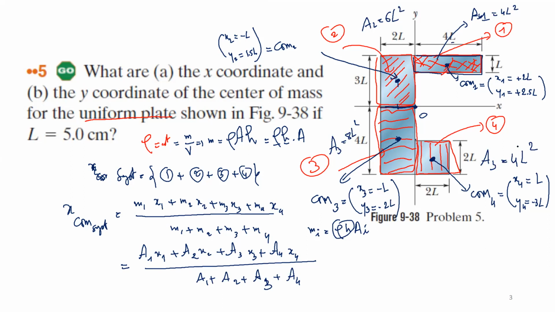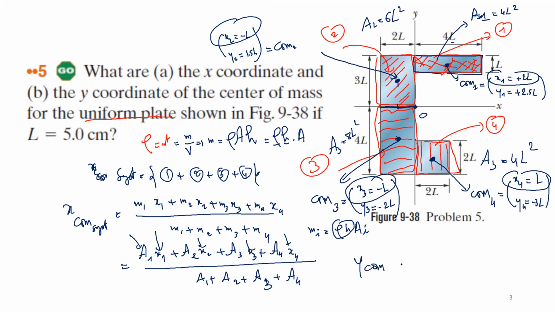So I know my answer now. I know each area and I know each x1, x2, x3, and x4. x1, I remind you, is this, x2 is this, x3 is this, and x4 is this. And I do the same for the y.